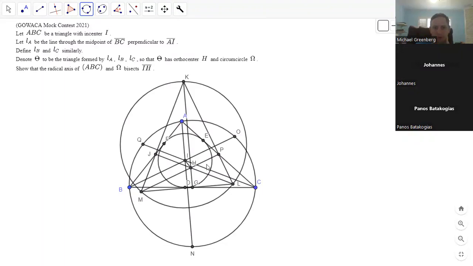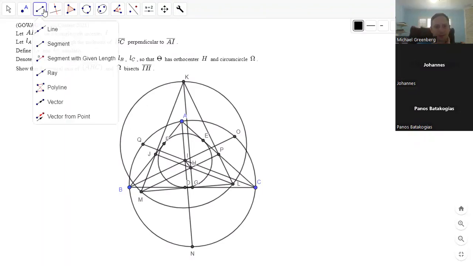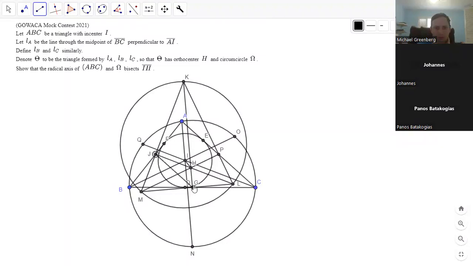So triangle GPJ is the medial triangle. If we draw this medial triangle, GH is not like the angle bisector. Maybe it is. Oh yeah, it's true.